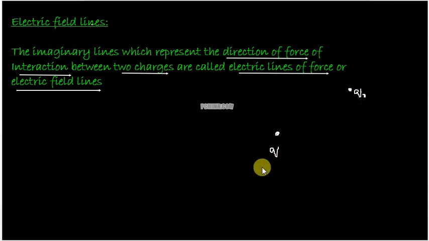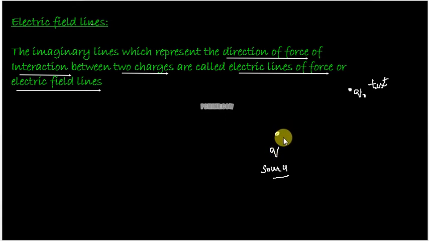So this is the test charge and this is the source charge. Source charge is the one which produces the field and test charge is the one which experiences that field or the force. So we know that this charge Q is going to exert a force on this charge. The direction of this force can be represented by the imaginary lines. Those imaginary lines are known as the electric field lines or the electric lines of force.